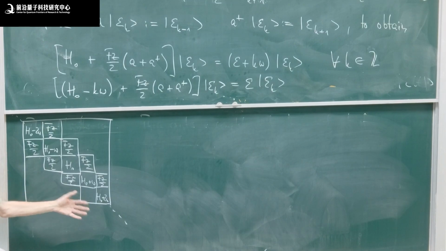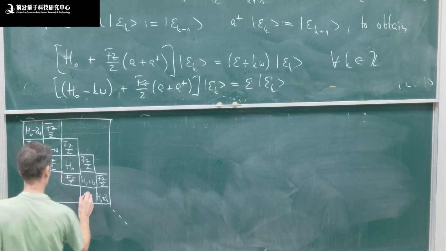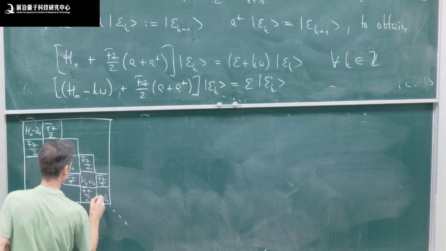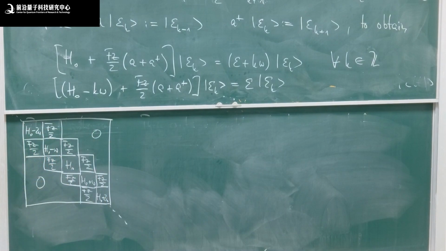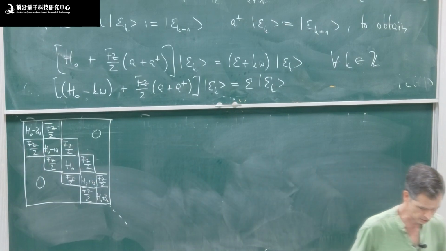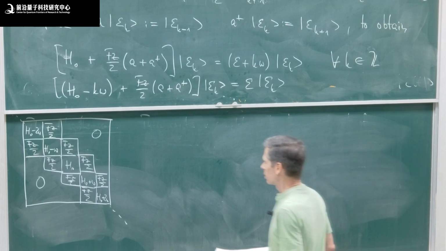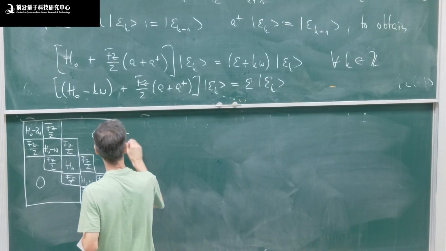And you have to converge it essentially. So you have to make this larger and larger until you see that your results converge. So there's an Fz over 2 missing here. Yeah, and all the rest is 0. So that's now the Floquet Hamiltonian.